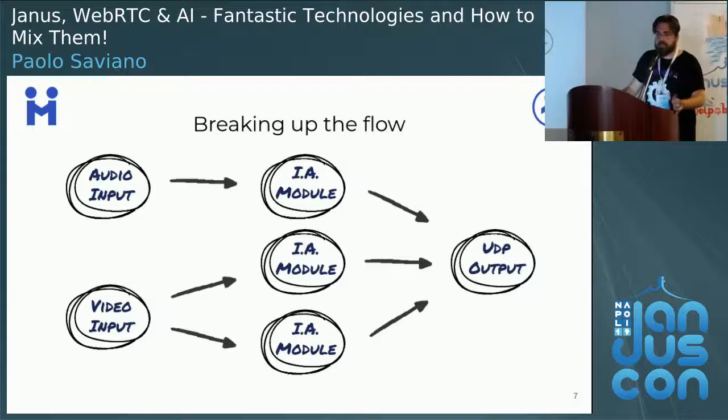Everything is flexible. We can add, for example, between the middle tier nodes and the UDP output, a post-processor capable of merging the results, so we don't have uncorrelated data anymore. Or maybe we can pipeline the face detector to the age detector in order to break down the CPU effort.